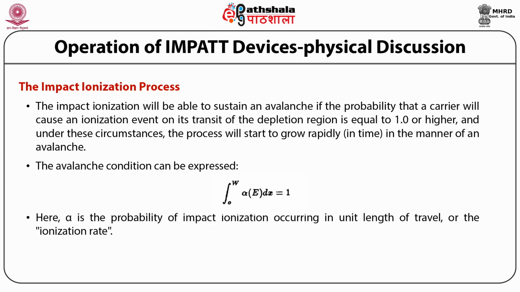To be more realistic, we must recognize that the ionization rates for the electrons and holes are not the same. The ionization rates depend very strongly on the electric field. A typical dependence is given by alpha(E) equal to alpha naught multiplied by e to the power of some function of E.